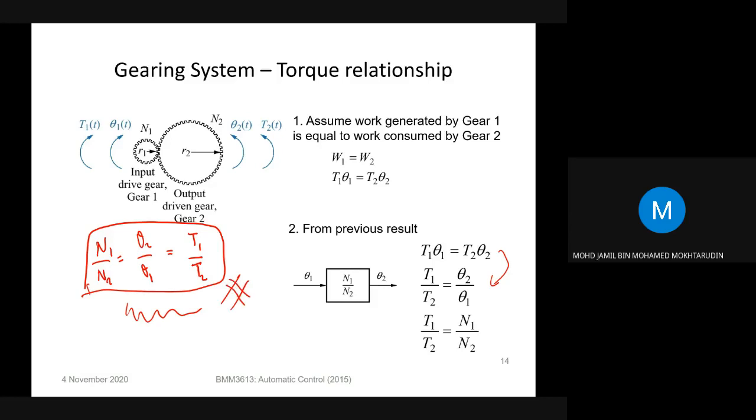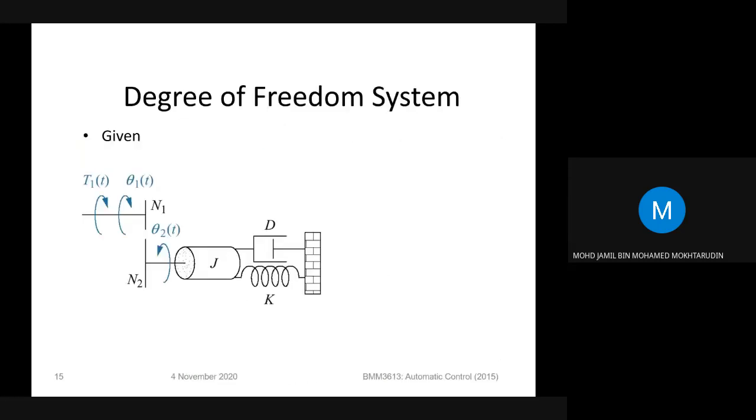Okay, so let's look at an example of how to calculate gears, to determine the transfer function of gears. Given the system shown, usually in the exam your gears will be represented by a single line like this. They're connected, okay?